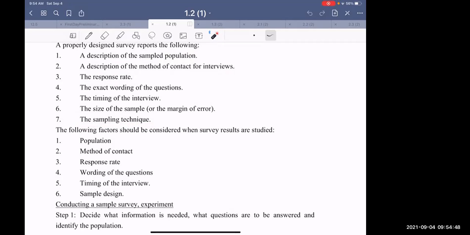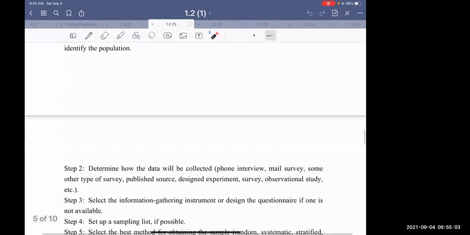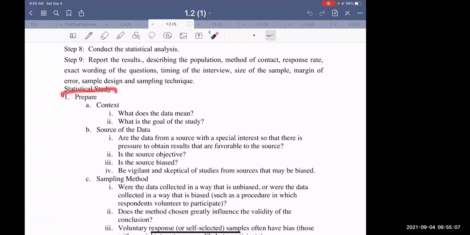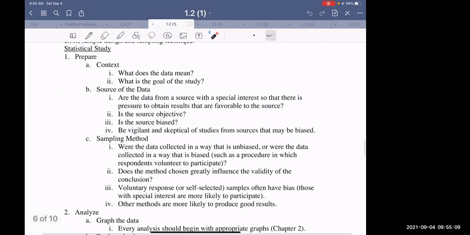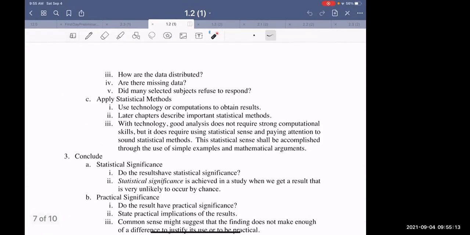So you should consider your population, method of contact, response rate, wording of questions, timing of the interview, and the sample design. In a statistical study, you prepare, you analyze, and you conclude your study.